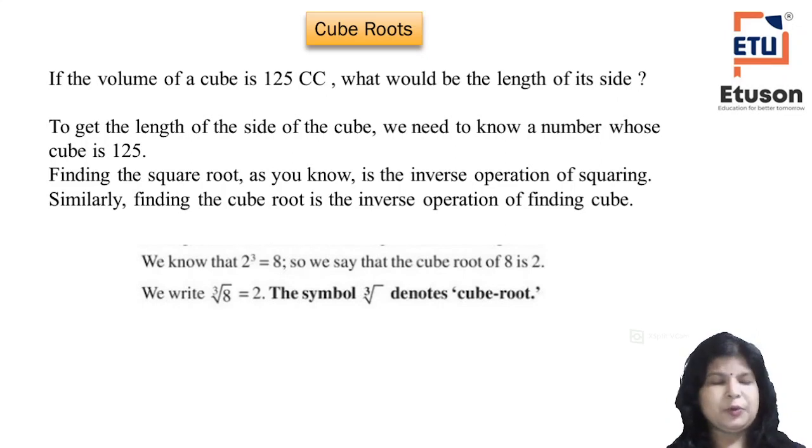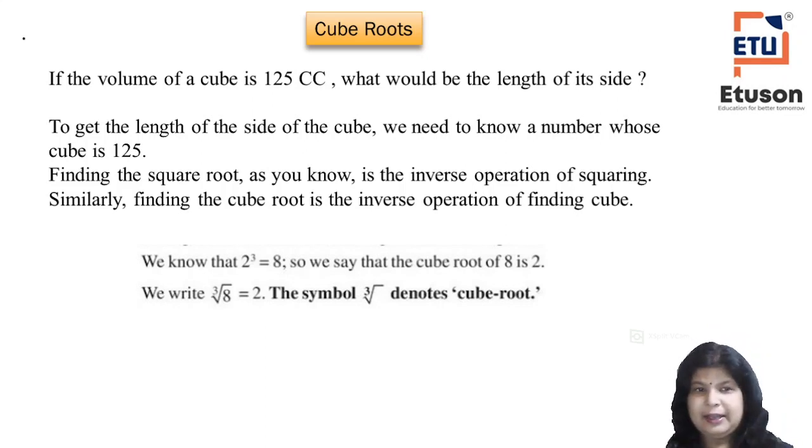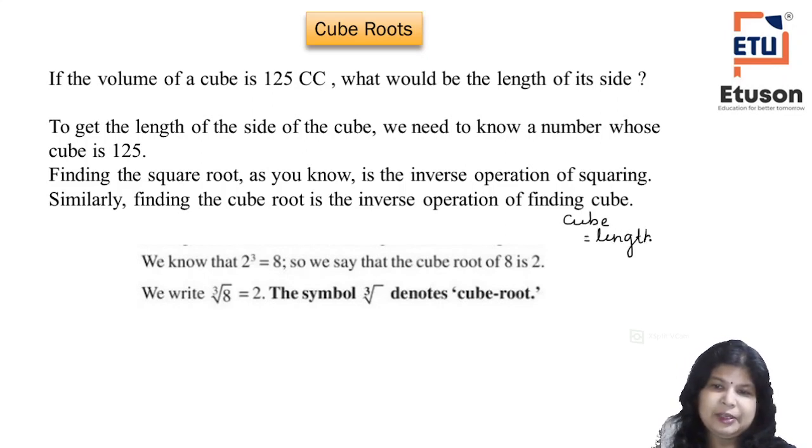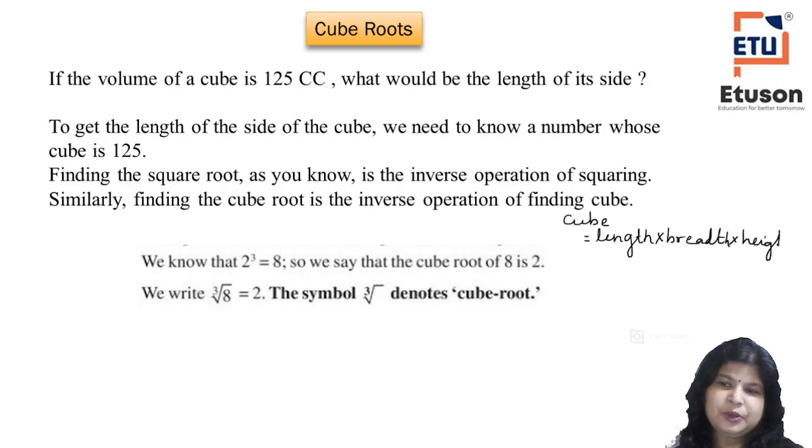Because we know the volume of the cube is given by length into breadth into height, right? As we know, in case of a cube, length is equal to breadth is equal to height.